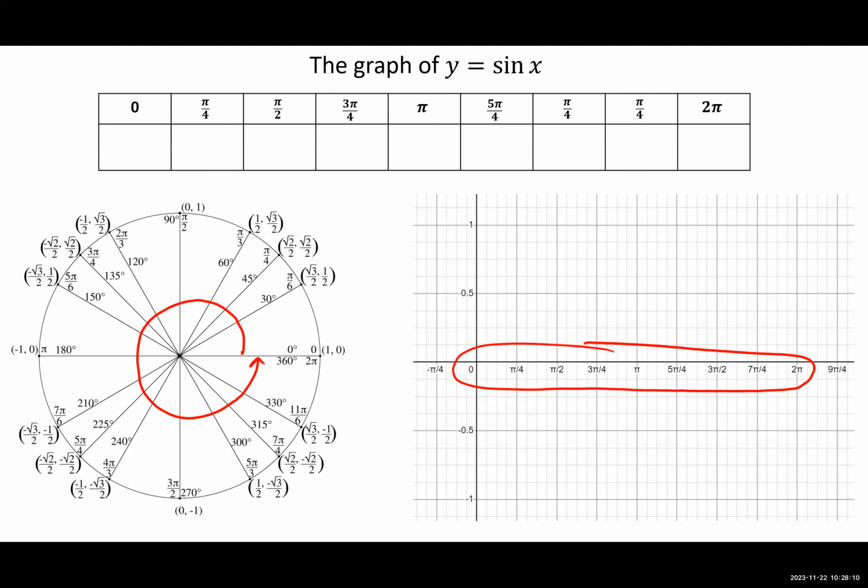So the graph is going to have one picture, and then it's going to repeat over and over again. We're going to go from 0 to 2 pi, one trip around the unit circle, and we're going to call this one period of the function.